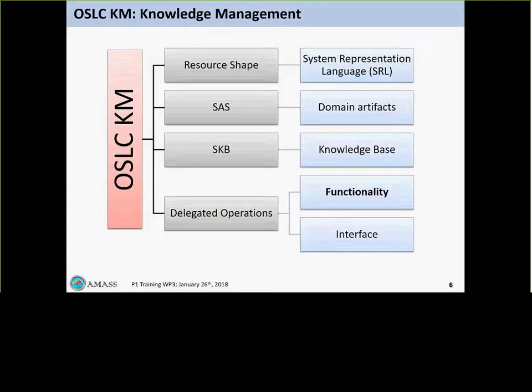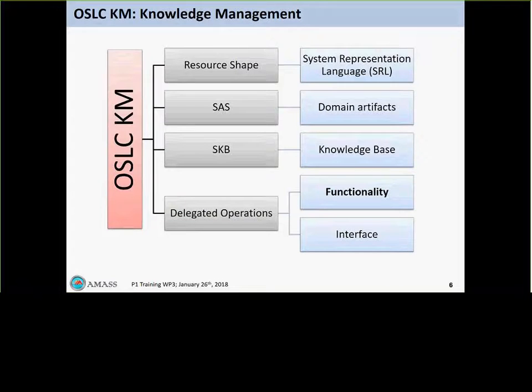The first one is the resource shapes, like in OSLC. We have this way of representing this knowledge, and we call it the system representation language, or SRL. With that language, we have two types of items represented.